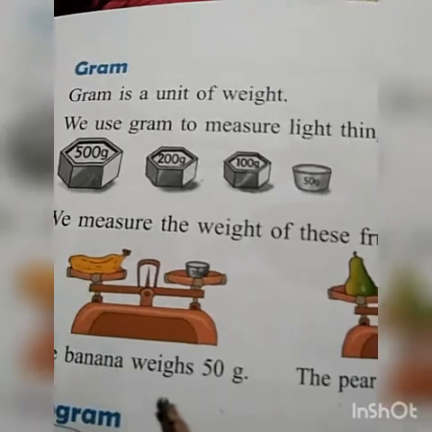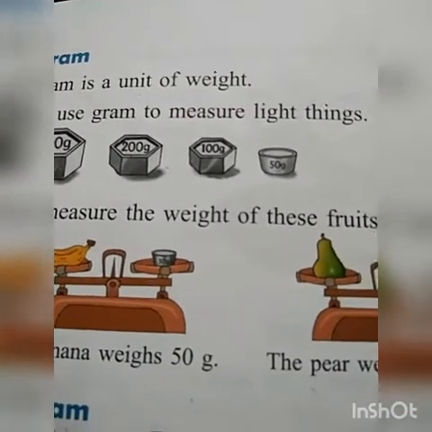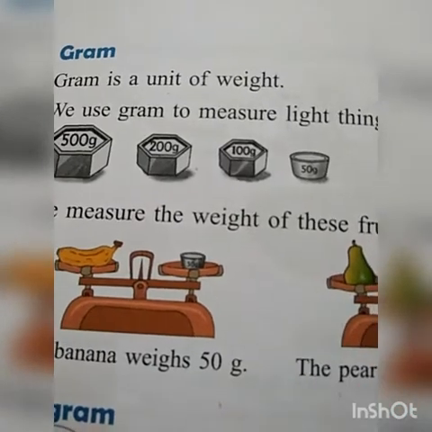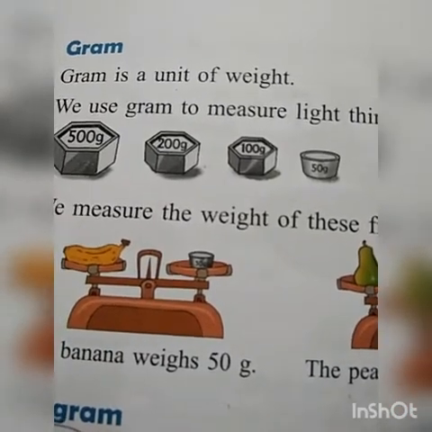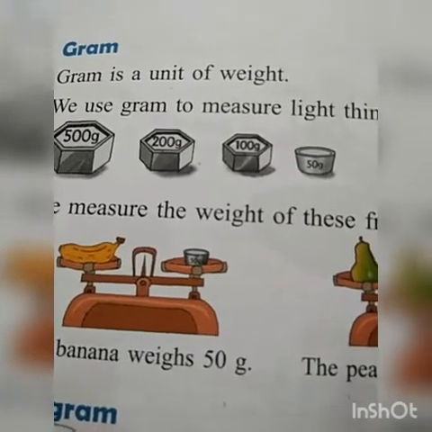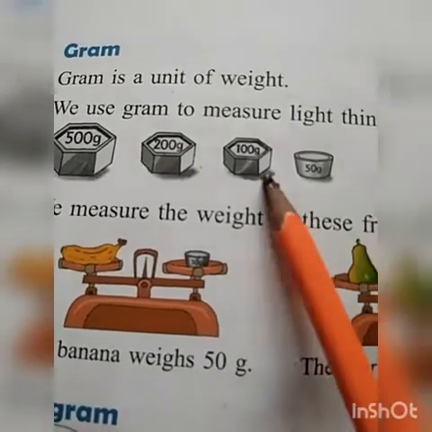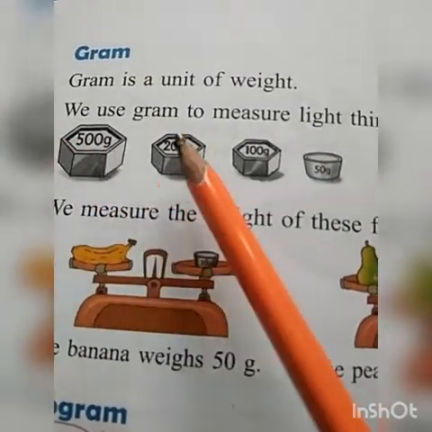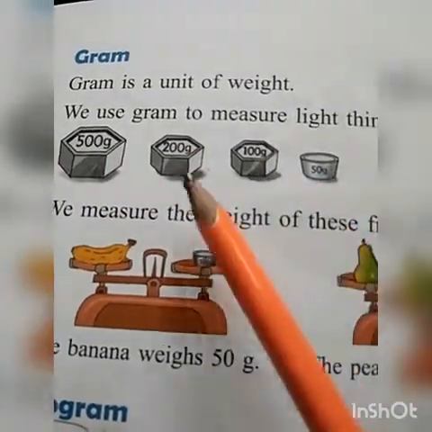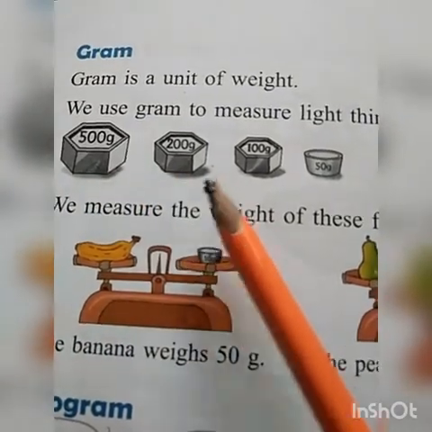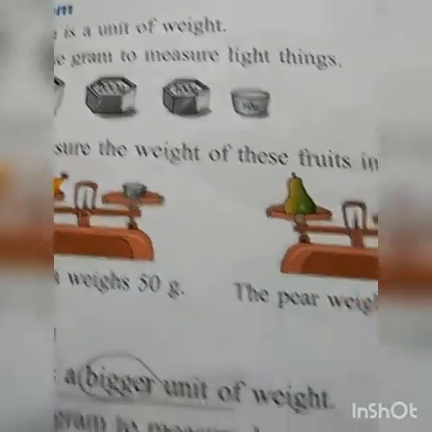For things which are in small weight, less weight, we will use gram. You must have seen the vegetable seller in your colony, from whom your mother buys the vegetables or fruits, and you must have seen these kind of weights. So these digits show how much is the weight: 500 gram, 200 gram, 100 gram, and so on.